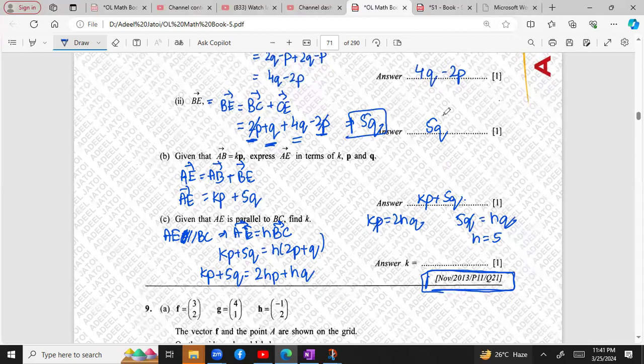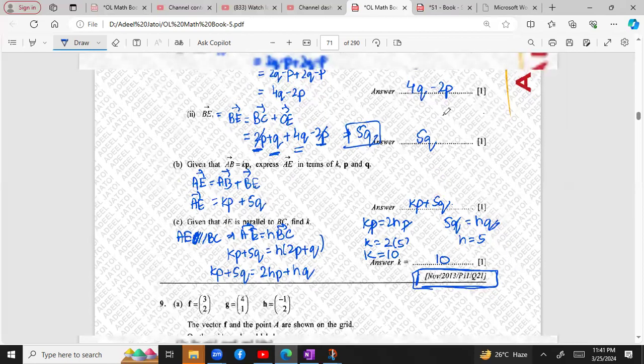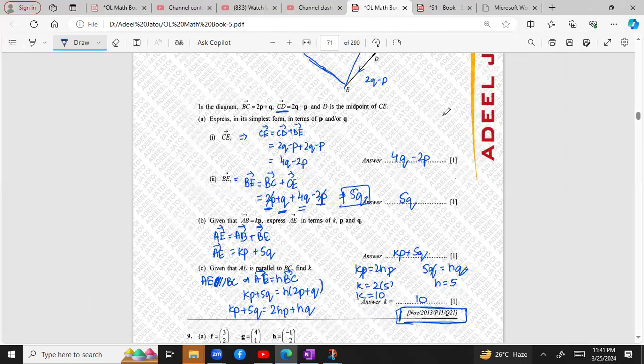Let me correct this, this is P, so P and P are cancelled. You're left with K equals 2 times 5. So K becomes 10. So the answer of K is 10. This was November 2013, paper 1-1, question number 21. From the book, it is question number 8.